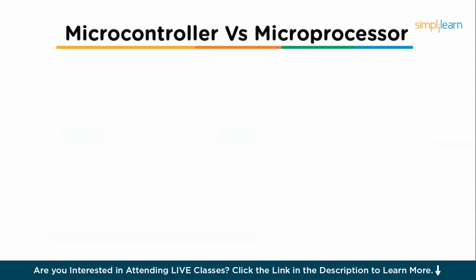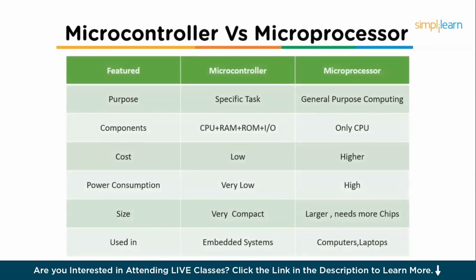Let's now see the difference between a microcontroller and a microprocessor. In terms of purpose, a microcontroller does a specific task and a microprocessor does general purpose computing. A microcontroller has CPU plus RAM plus input-output devices, and a microprocessor only has a CPU.